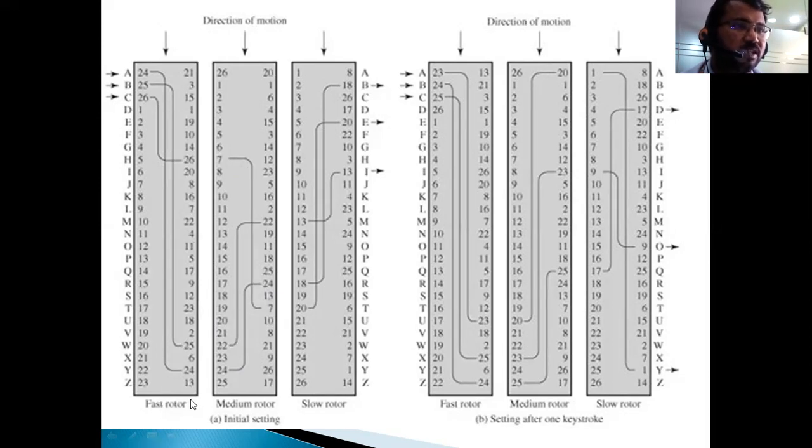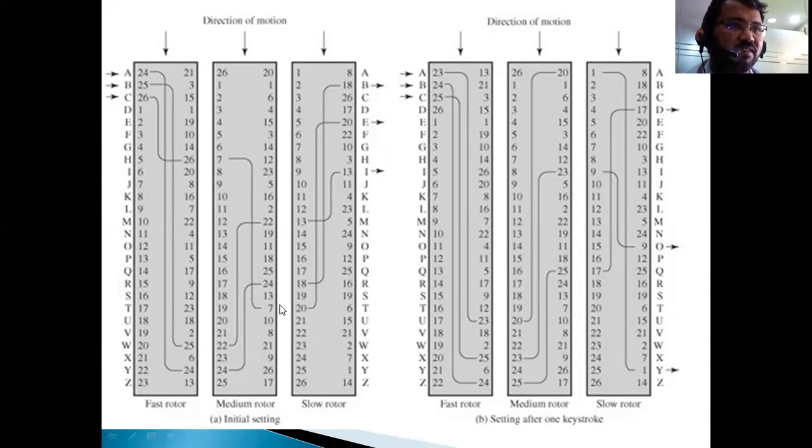In the fastest rotor, it is shuffled for every letter character. The medium rotor is shuffled for every 26 characters of input, and the slow rotor is shuffled for every 26 times 26 characters. These numbers are shuffled, and once again 22 is converted into 13, 24 is converted into 18, and the next is converted into 20.